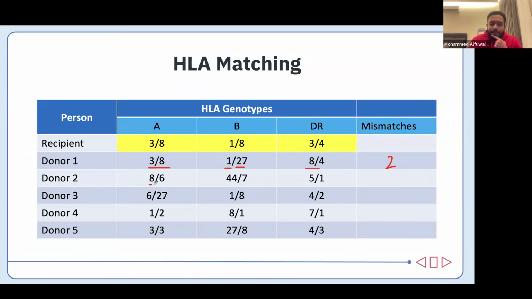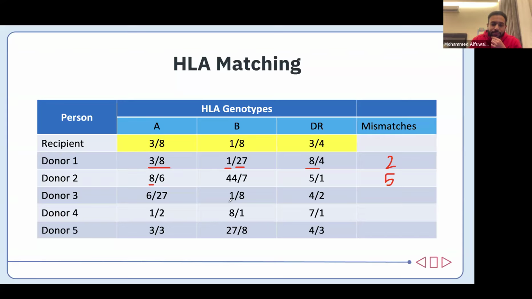Now, here, 8, is it present in this class? Yes or no? Yes. This is not a mismatch. I know it's not in the same position, but it's not a mismatch. 6, is it there? No. So this is mismatch 1. How many mismatches here? 2. How many mismatches here? 2. So how many? 5. Good. Here, 2.